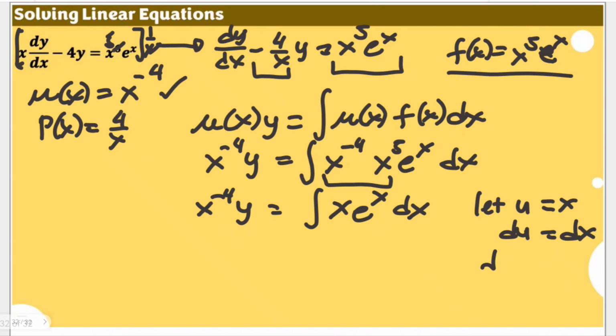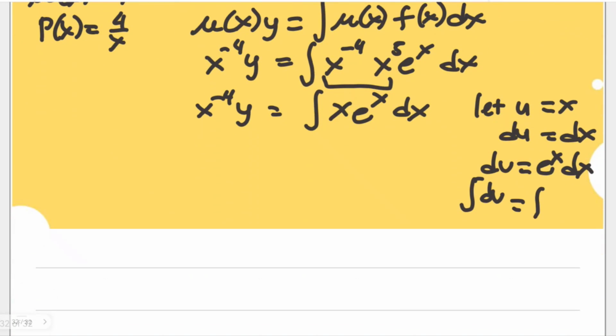That would mean dv is e to the power of x dx. If we integrate dv, integrating e to the power of x dx, our v is just e to the power of x, of course plus c, but we don't need that in the meantime. Let's simply continue and integrate this by parts.